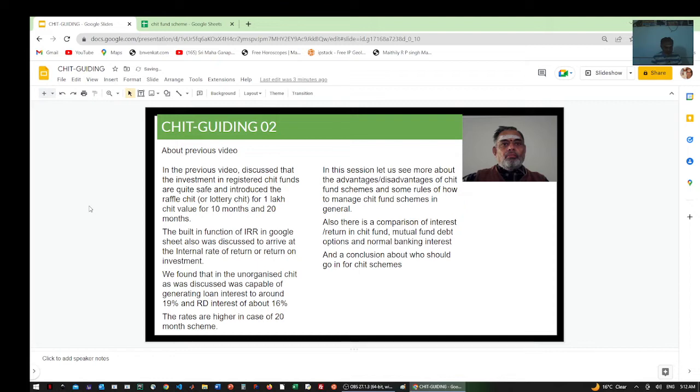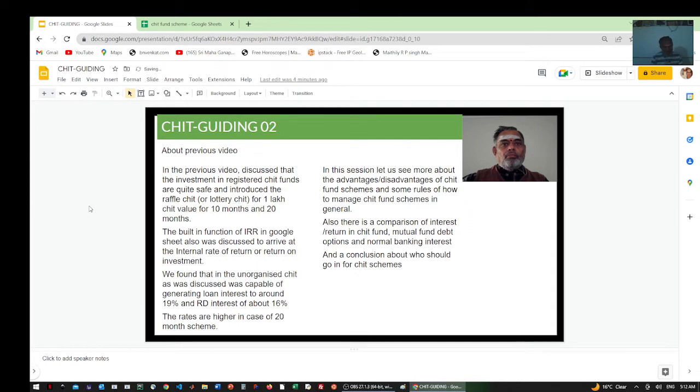We found that the unorganized chit was capable of generating a loan interest of around 19% and RD interest of about 16%. The rates are higher than this 19% and 16% in case of 20-month schemes.